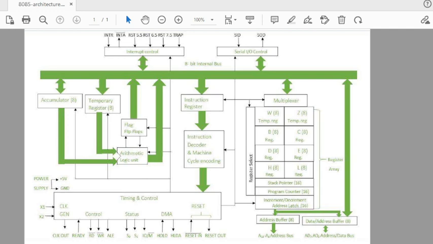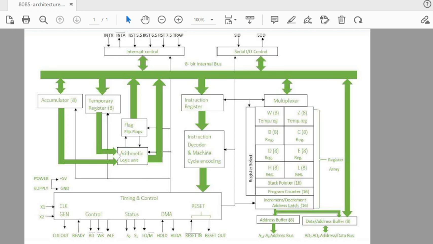So this all is the building blocks of the microprocessor. In the subject of the 8085 microprocessor, the explanation of the internal architecture of 8085 is very important.